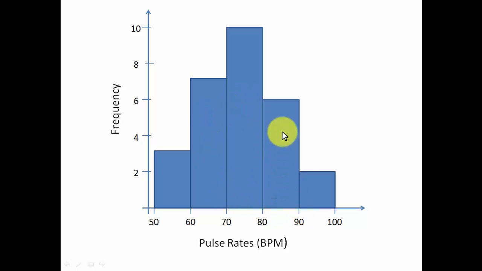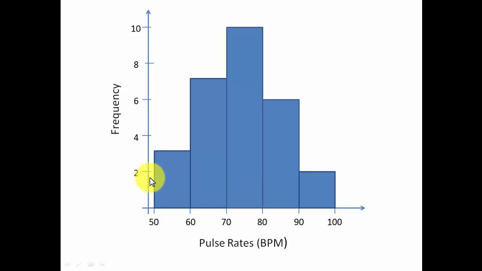That's pretty typical of a college class. It gives us an idea of how the data is spread out along the horizontal axis, along pulse rates. Not so many students with the rapid pulse rates on the right, not so many with the really slow pulse rates on the left, but the majority of the students are right here in the middle.